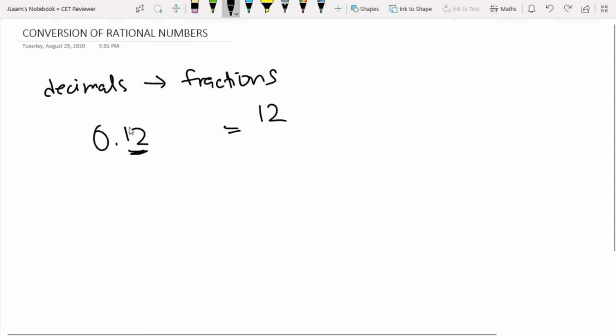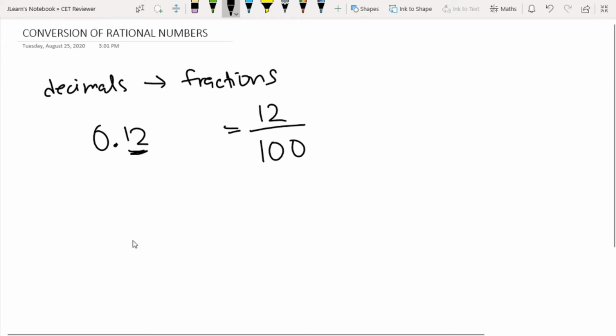Then kukunin natin kung ilang digits yung nandoon sa after the decimal point. So for example, ito 12, meron kang 2 decimal places. So you have here 2 zeros, no? So 100. So technically, a decimal fraction is a fraction whose denominator can be expressed as a power of 10.